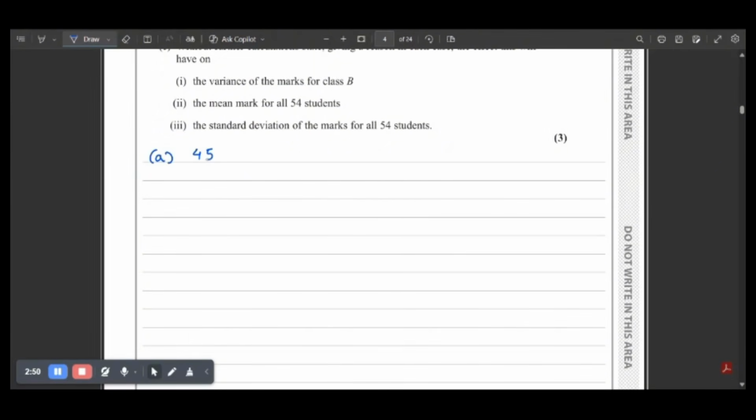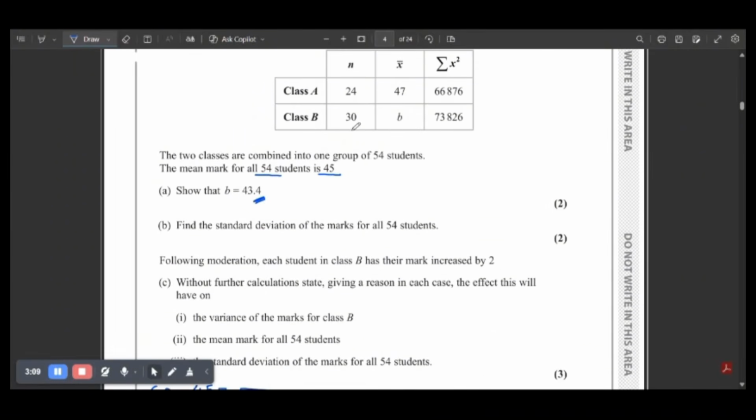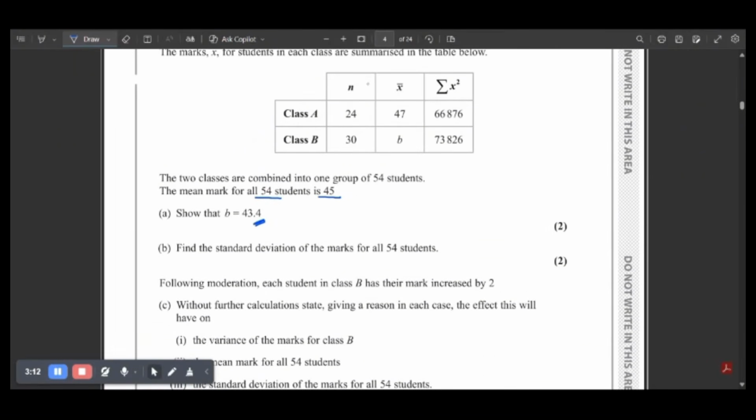We know the mean equals 45, and the mean will equal the sum of all the marks divided by the total number of students. So our denominator will be 54. What will be the numerator? What will be the total marks? The total marks in each class will equal the number of students times the average marks.